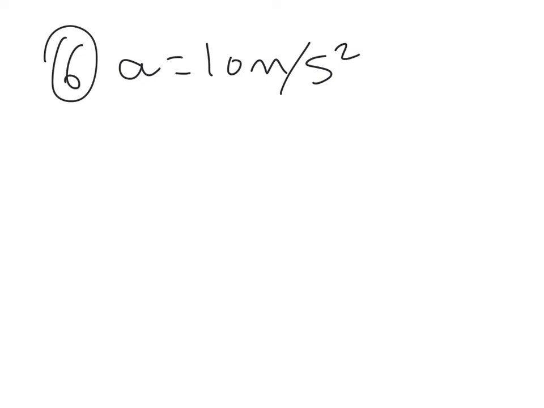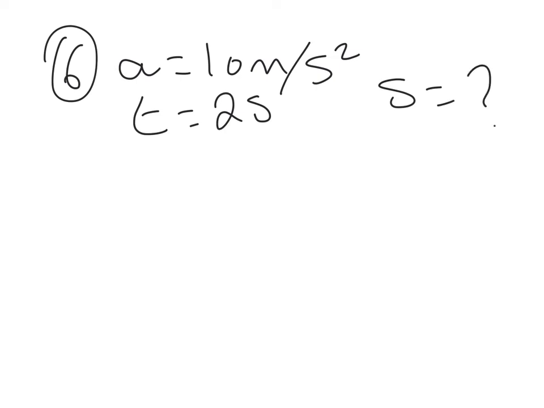The right gravity acceleration number is what? 9.8. Awesome. But this is what we use just to make our life easier. What else did they give us? Time. What's the time? 2 seconds. What do we need to find? We need to find speed.